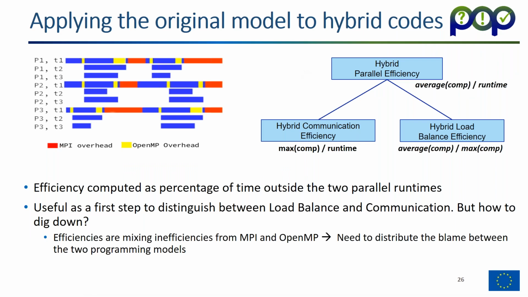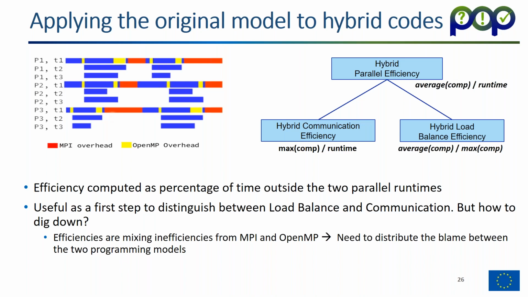If we analyze how the metrics in the original model are computed, and some of them were already mentioned by Jonathan, parallel efficiency measures the percentage of time you spend computing. That is what you want to do. And it's split in 2 concepts. Load balance efficiency measures the time work distribution, and is computed as the ratio between the average and the maximum.